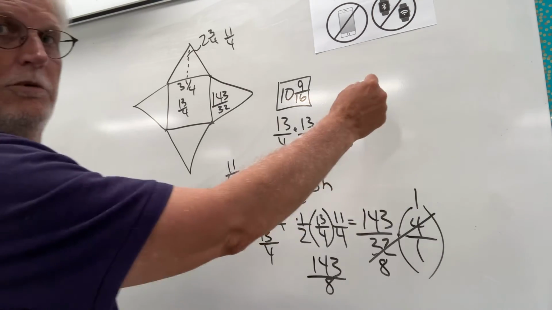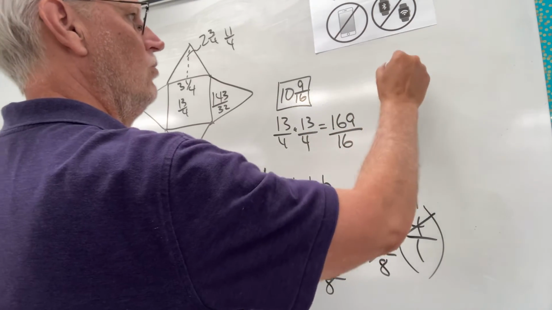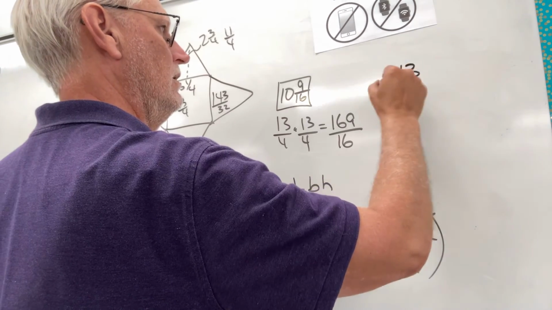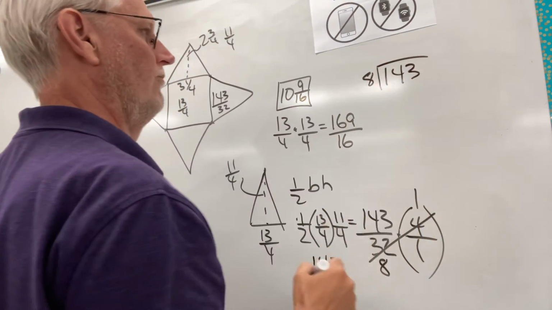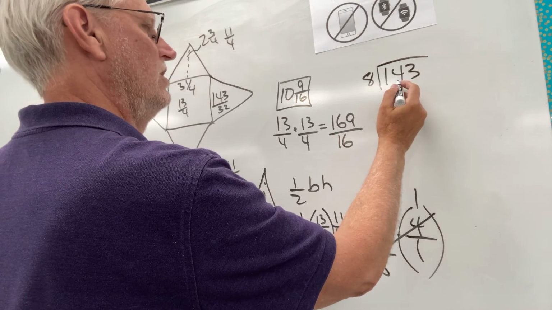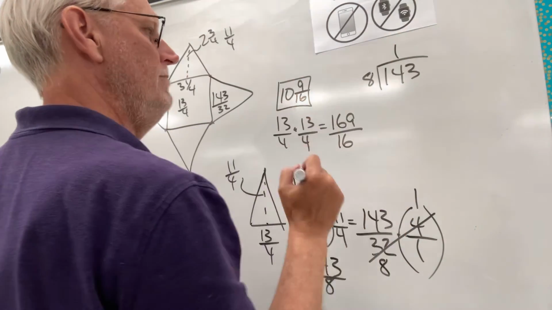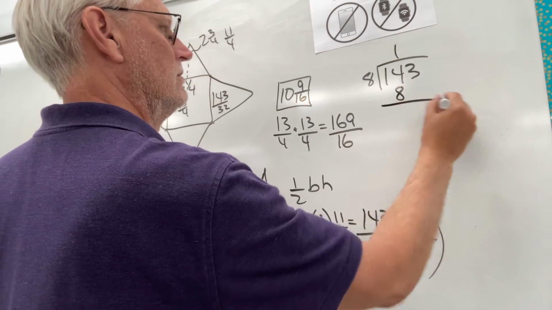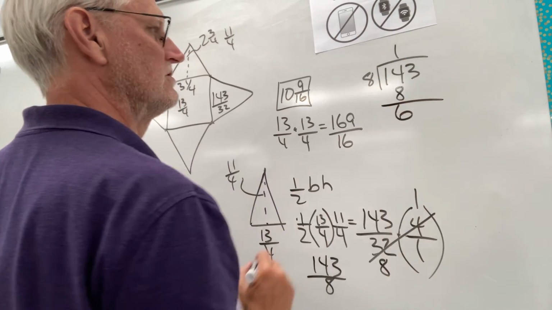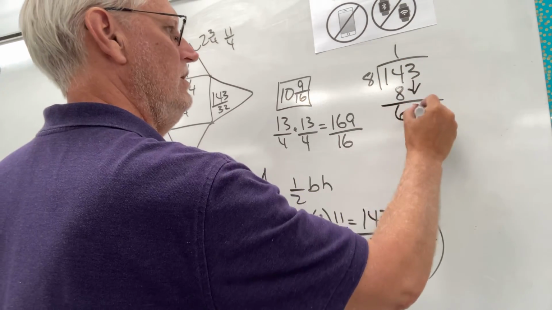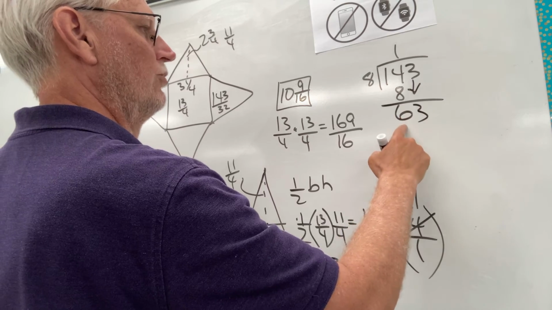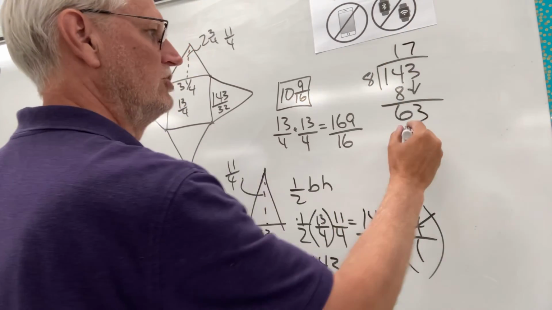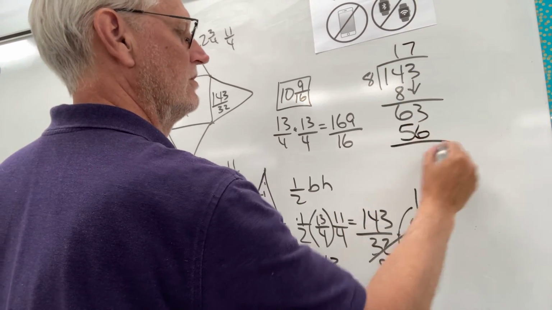Okay? So I'm going to come over here and I'm going to do this. 143 divided by 8. So 8 goes into 14 1 time, which is 8. Subtract, you get 6. Bring down the 3. 8 goes into 63 7 times, which is 56.